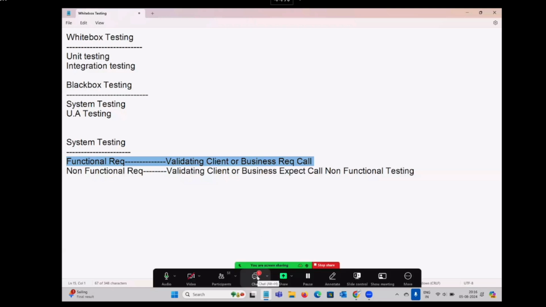Functional or non-functional? Once you get the project, which one is important?